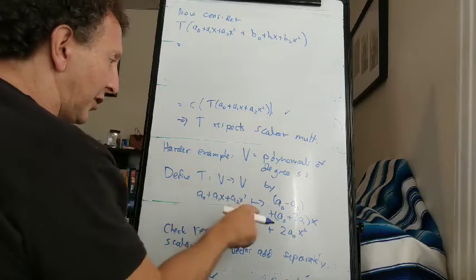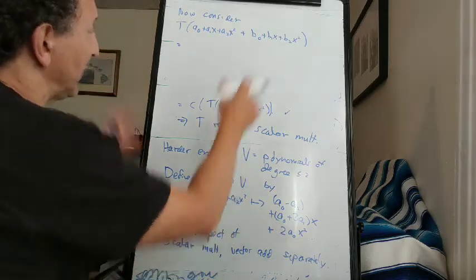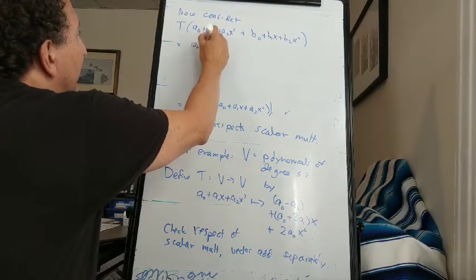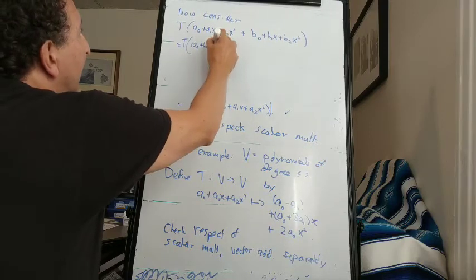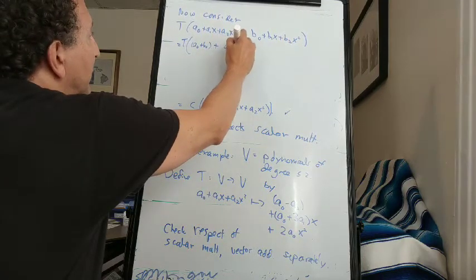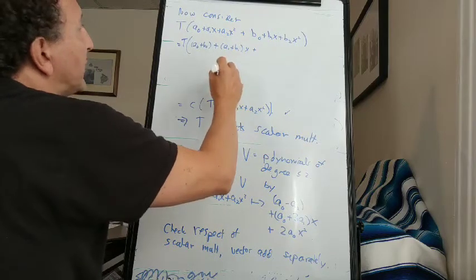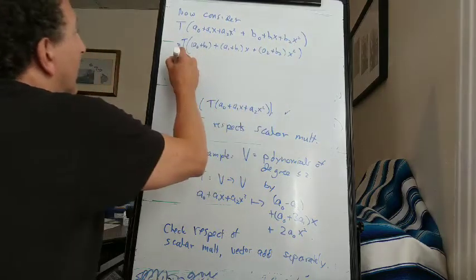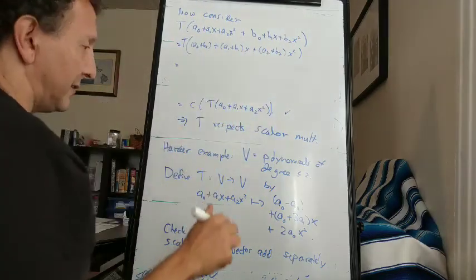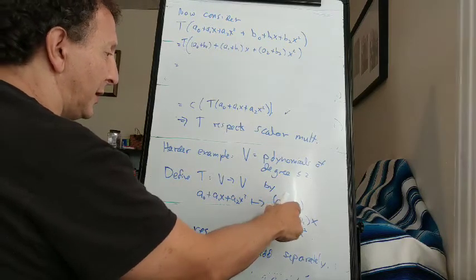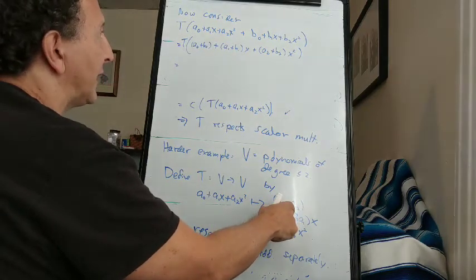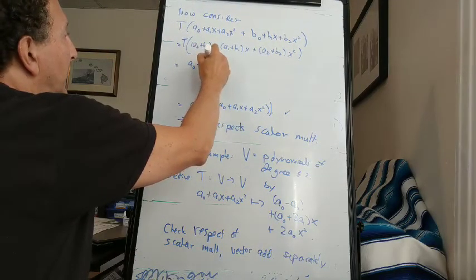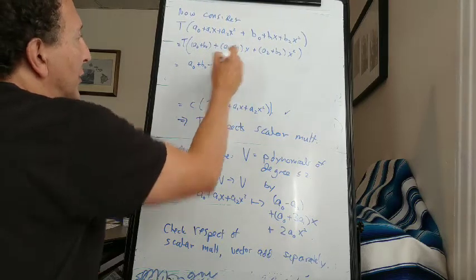Alright, so we need the constant term and the coefficient of x and the coefficient of x squared. So let's combine these. So we've got a naught plus b naught as the constant term. And the coefficient of x is a1 plus b1. And the coefficient of x squared is a2 plus b2. Alright, T of a polynomial like this is subtract the constant term and the coefficient of x squared. So we've got a naught plus b naught minus a2 minus b2 is the constant term.